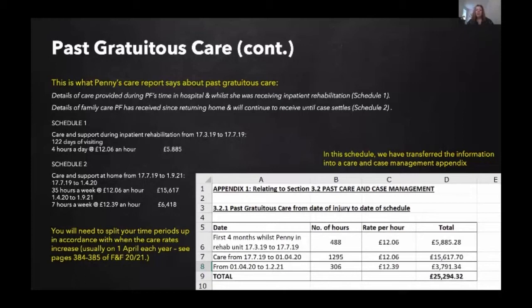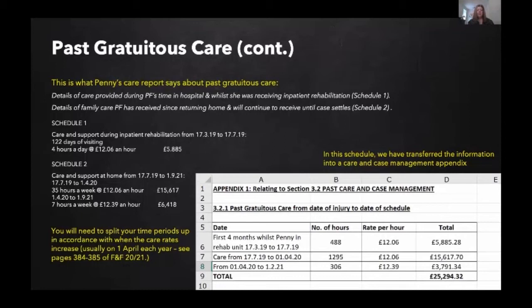I've used an appendix for Penny, even though Penny's calculation is very simple, because it's good practice to get used to siphoning off these calculation tables into an appendix and then just drawing the total claimed back into the main body of the schedule.